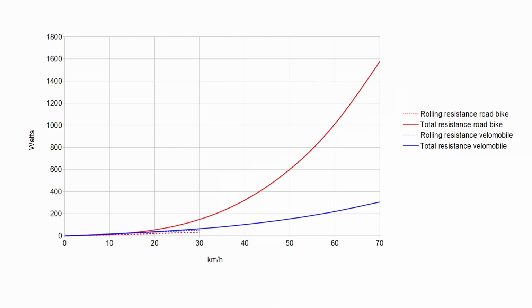Whereas in a velomobile at that speed, rolling resistance is the major resistance force by far. In a velomobile at 70 km per hour, rolling resistance is still responsible for half of the total resistance force. So tire choice has significant importance. On a road bike, the point of equality lies around 16 km per hour.